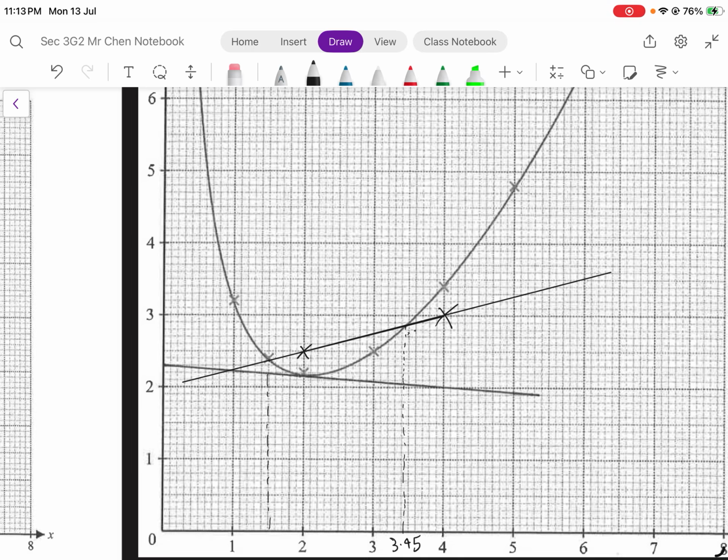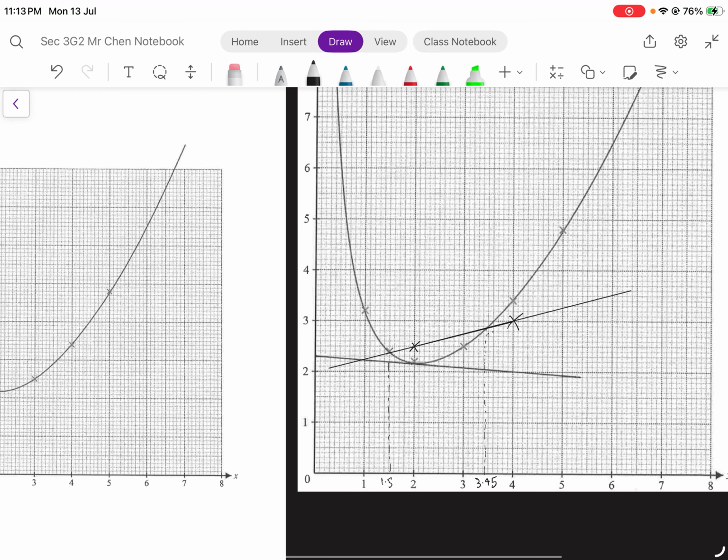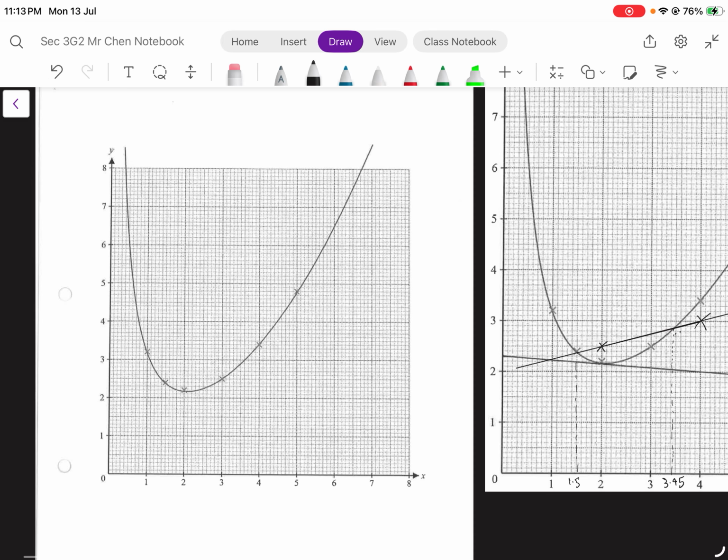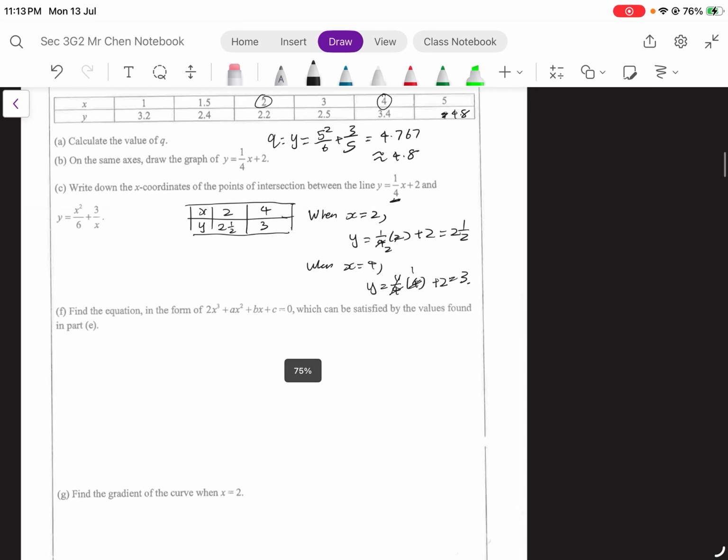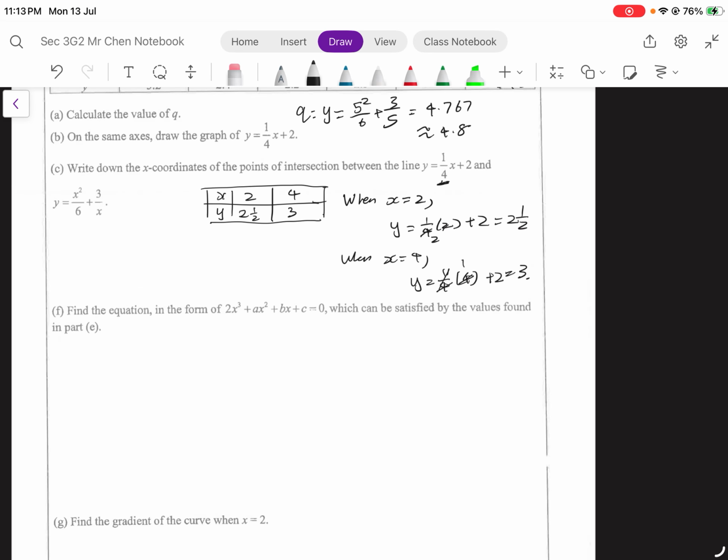This will be 1.245. So the values are around 1.5 and 3.45 for this question. Write down the coordinates of x: x equals 1.5 or x equals 3.45.